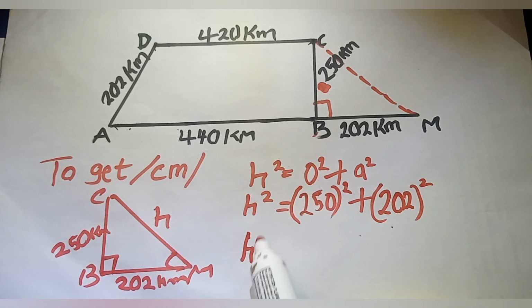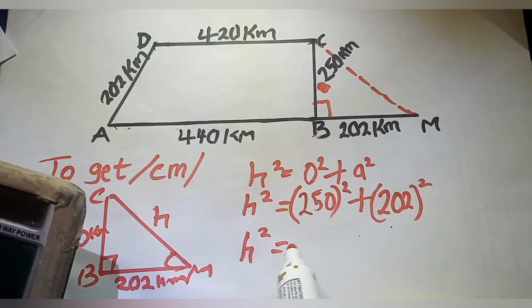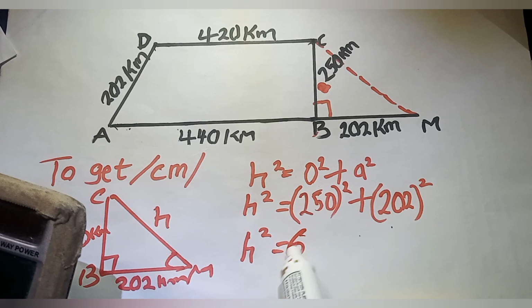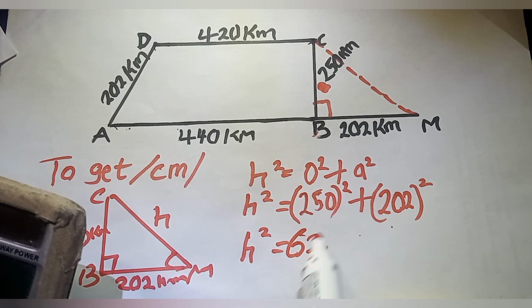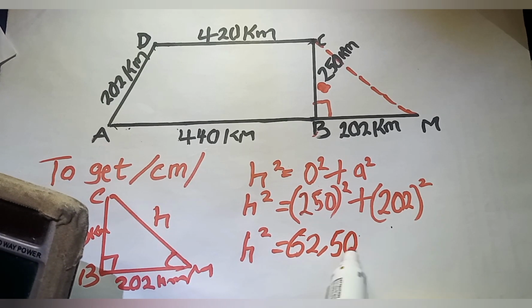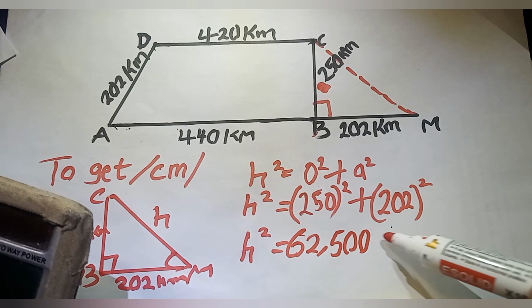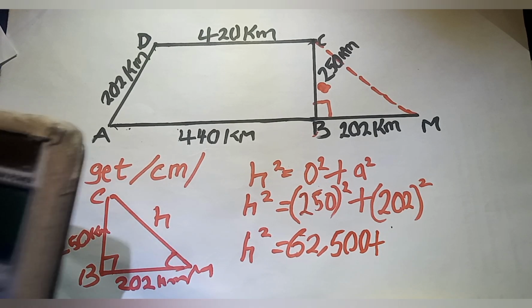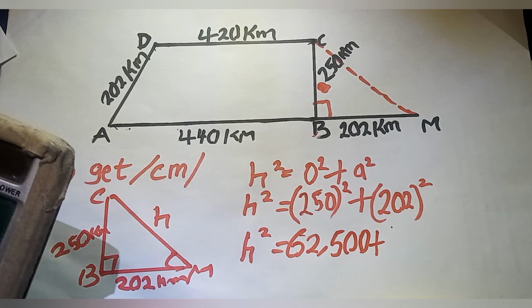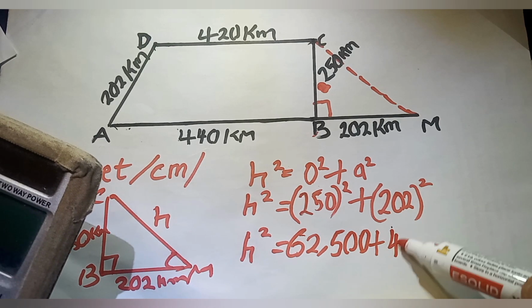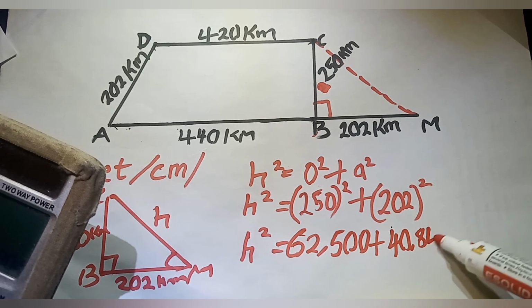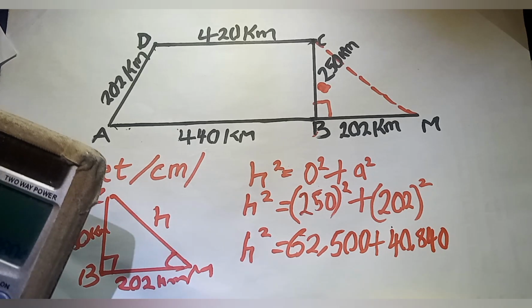If you punch your calculator, H square is equal to 62,500 plus 202 squared, that's 40,804. So I have this.